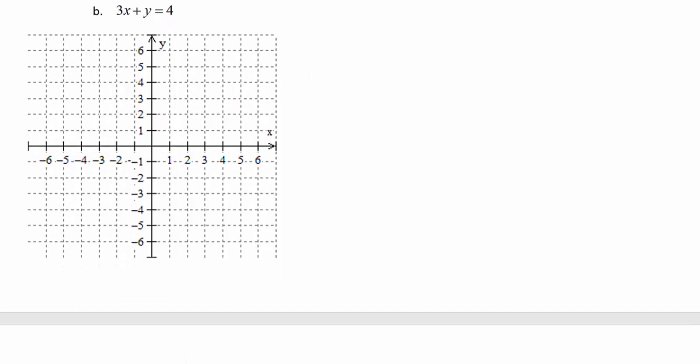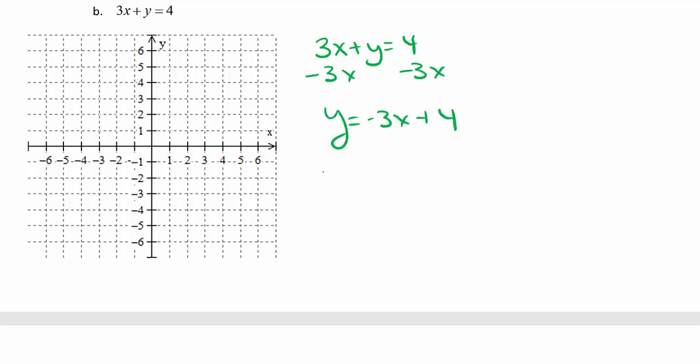Now if you want to use the slope and the intercept to graph a line, you do have to make sure the equation is solved for y. And so in example B, I have to start by getting the y by itself, which means we have to subtract the 3x. Once the y is by itself, I know the slope is negative 3, and the b, or the y-intercept, is 4.